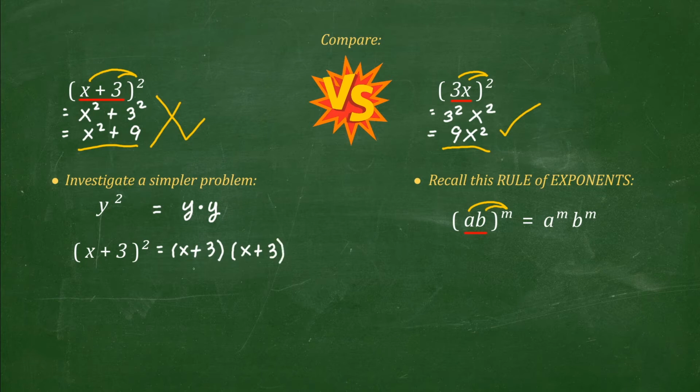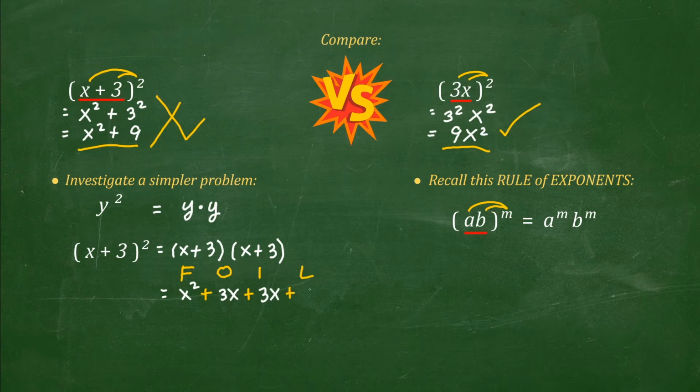This product of two binomials should be easily solved by using the FOIL method. Let's write F, O, I, L as guide. First terms, x times x is x squared. Then outer terms, x times 3 is 3x. Inner terms, 3 times x is 3x.